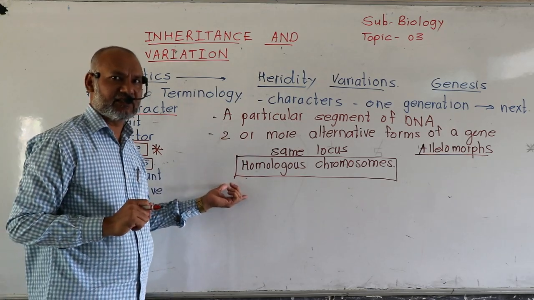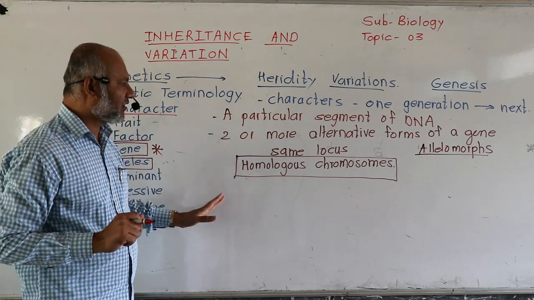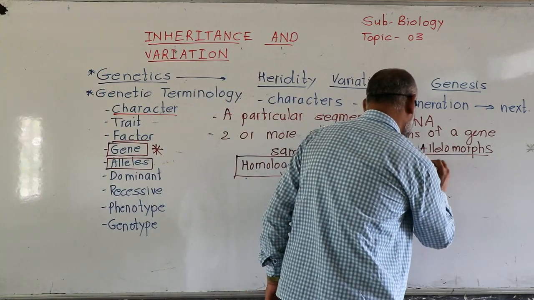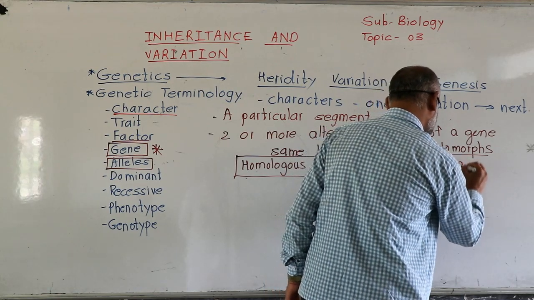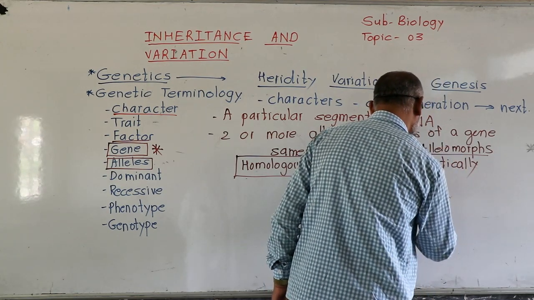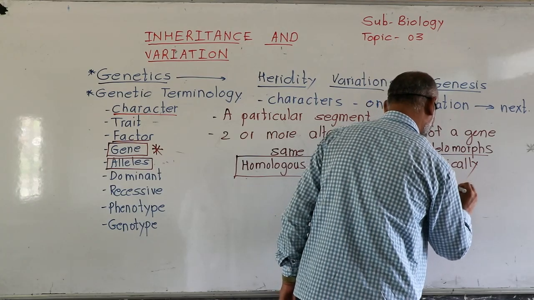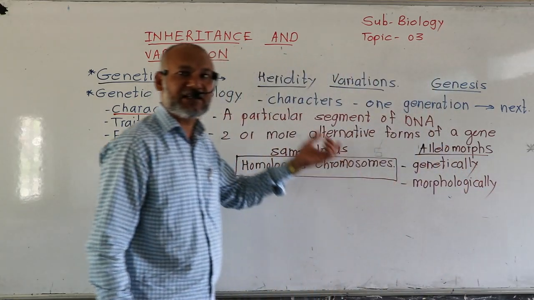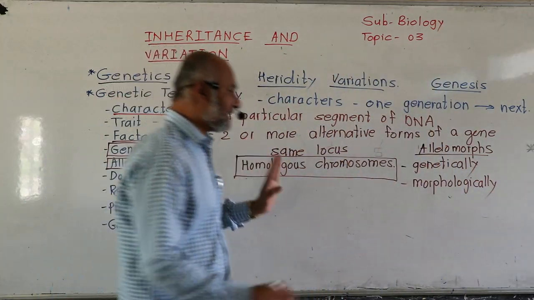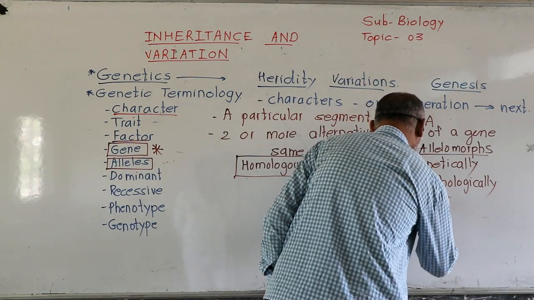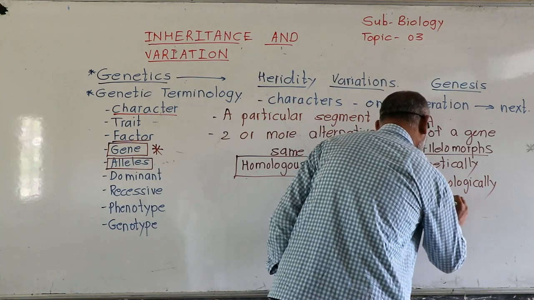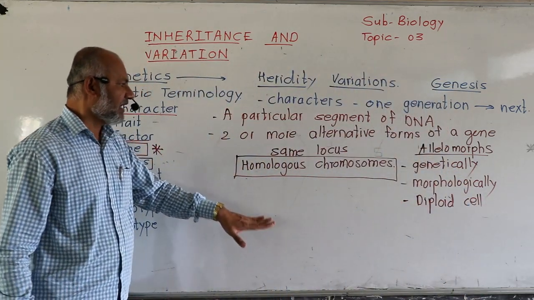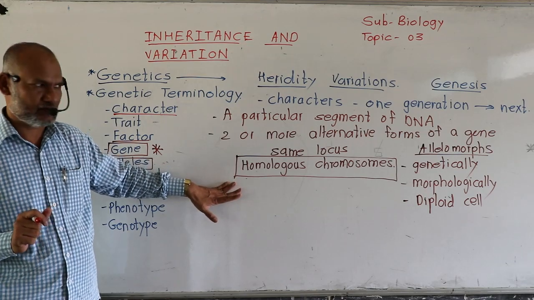What are homologous chromosomes? The genetically and morphologically similar chromosomes present in a diploid cell of an organism are called homologous chromosomes.